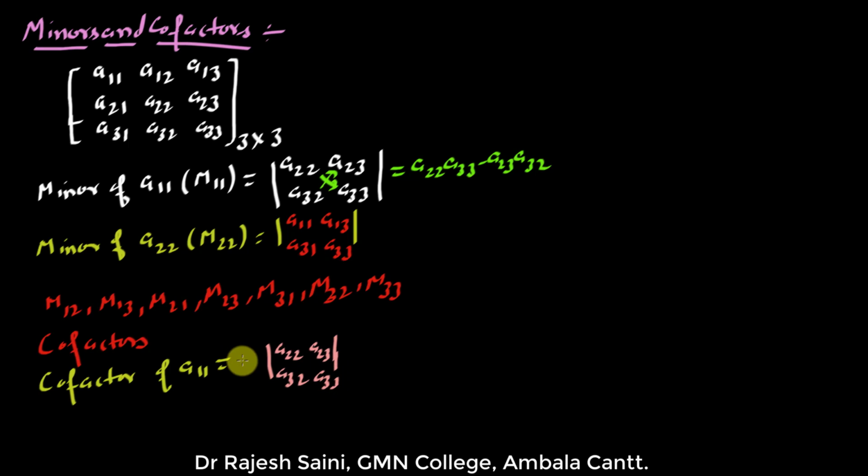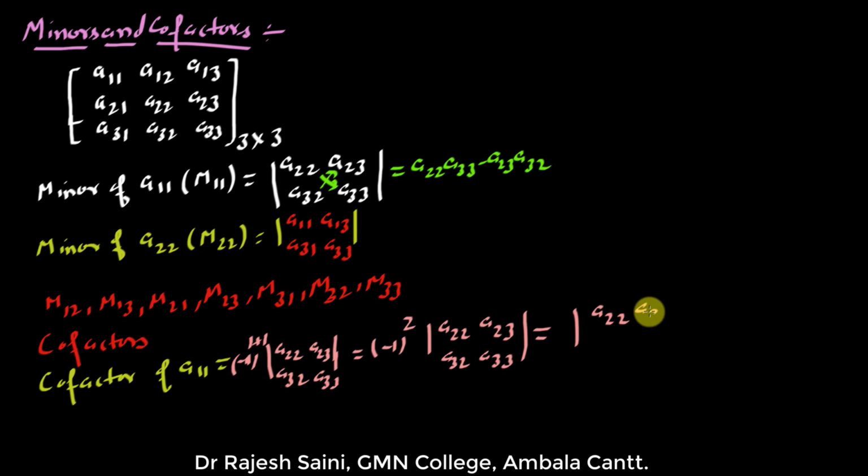And here also write minus 1 raised to the power 1 plus 1. You know minus 1 raised to the power 1 plus 1 is minus 1 squared, which will be 1. So this will be positive: A22, A23, A32, A33.